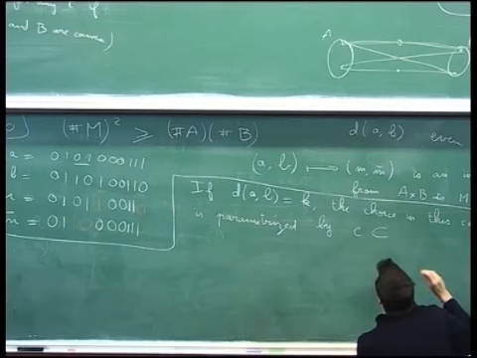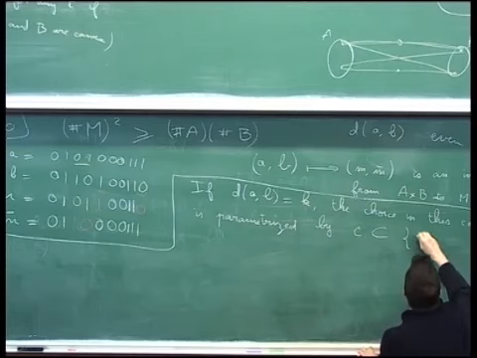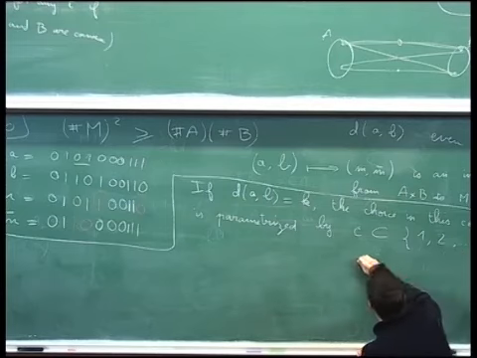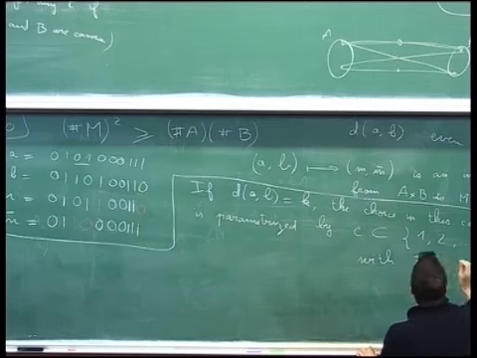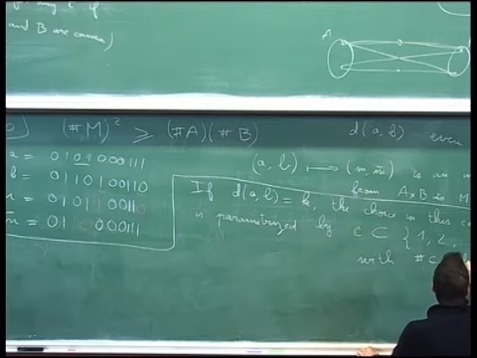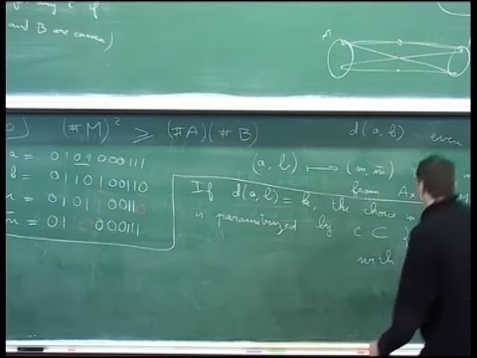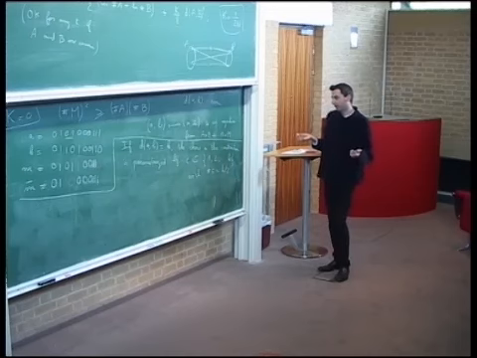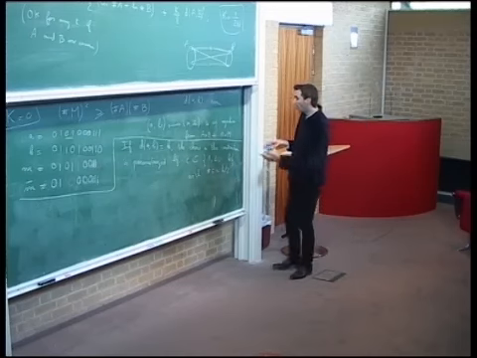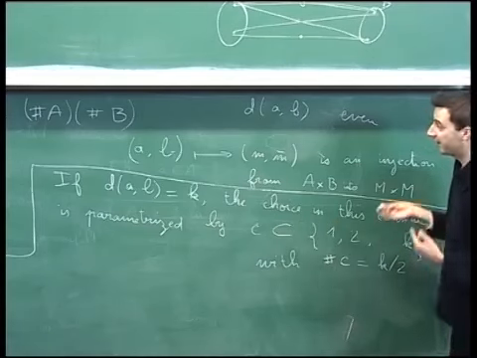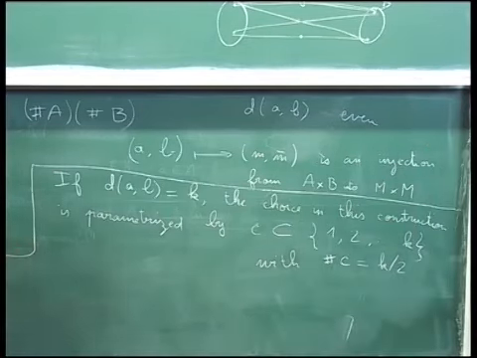So it's by a part C included in 1 to k with size k over 2.